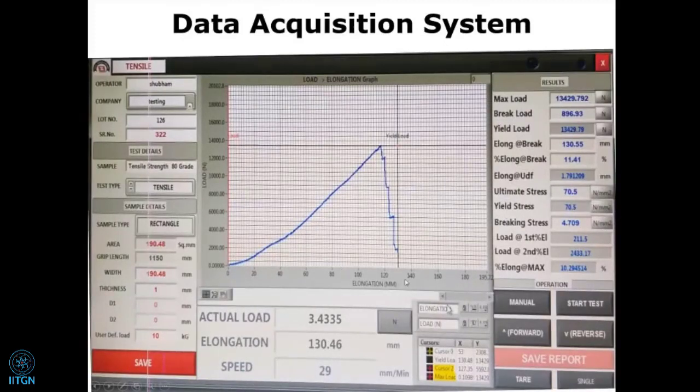On the x-axis is elongation, and on the y-axis there is load. So this kind of actual curve we receive from the data acquisition system. And this is the breaking point at which the maximum tensile force is noted down. This is called the breaking load. And the corresponding elongation is measured through that video camera.